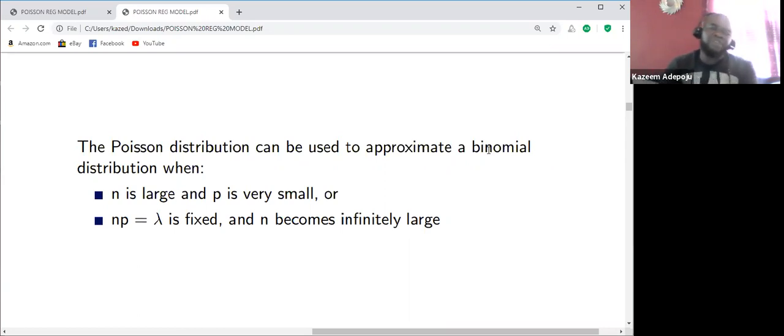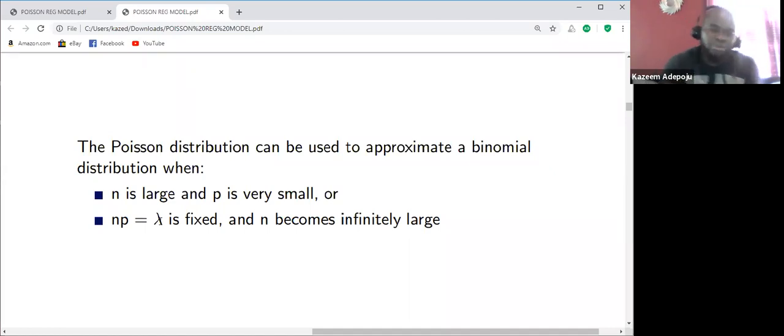If the sample size is large, and p, the probability of success, is very, very small, then the combination of n and p, n multiplied by p, will be equal to lambda.